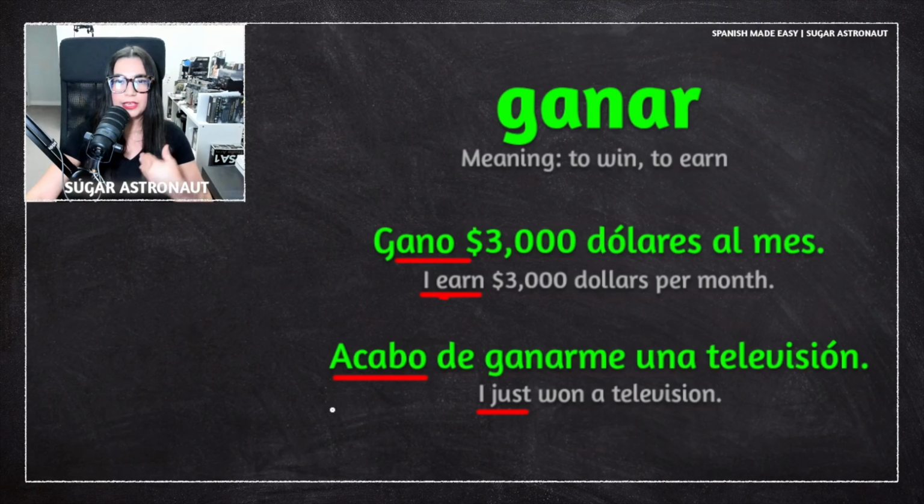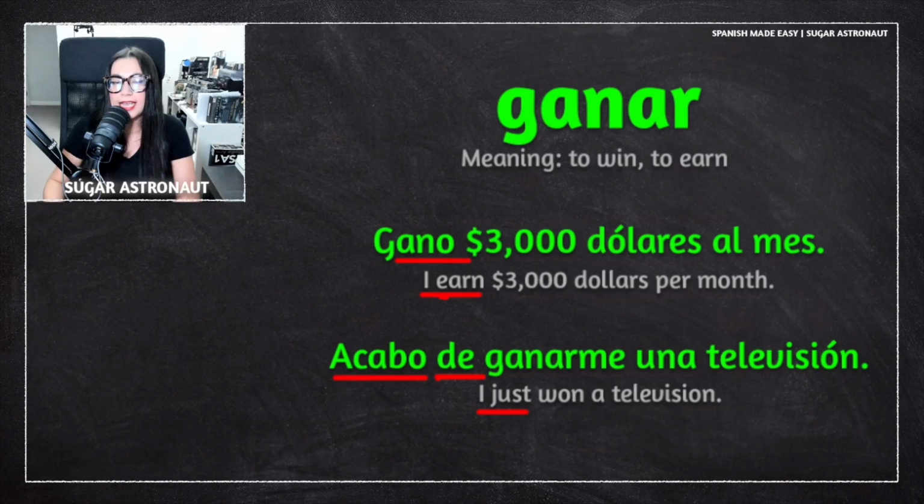You don't have to say yo. You can just say acabo... And you need to include de. Acabo de. Okay, so acabo de, and then you add a verb, an action. Acabo de comer una pizza.